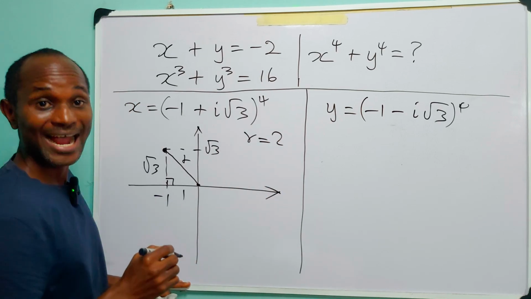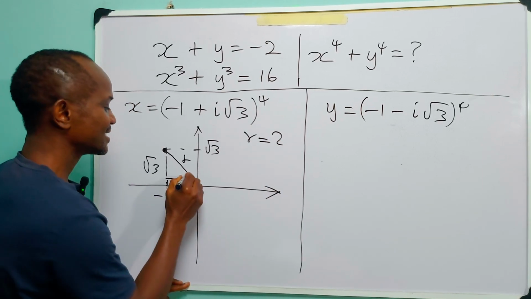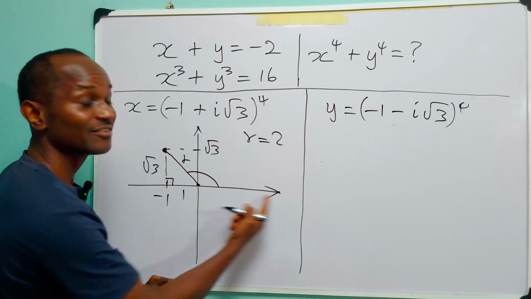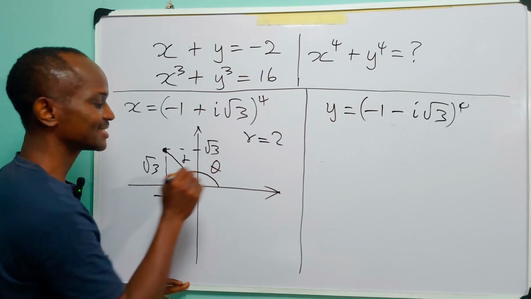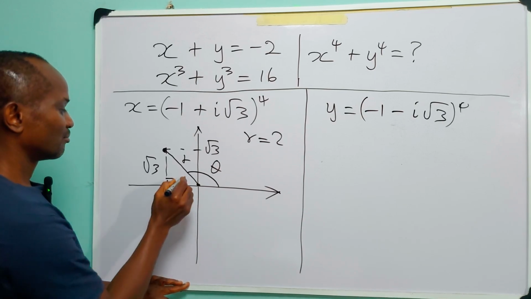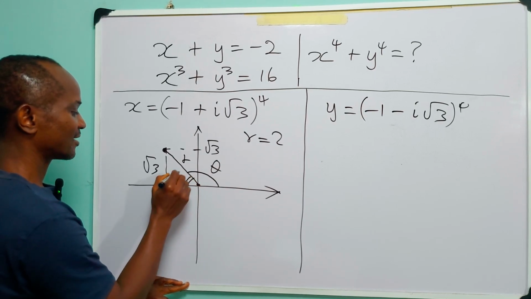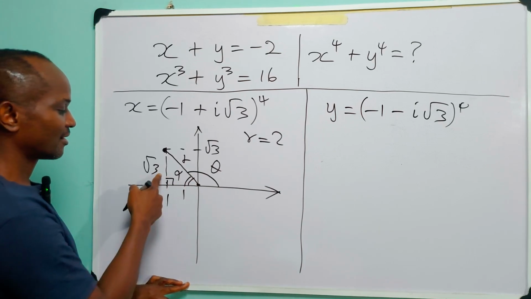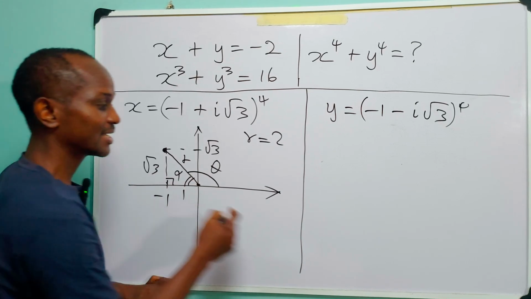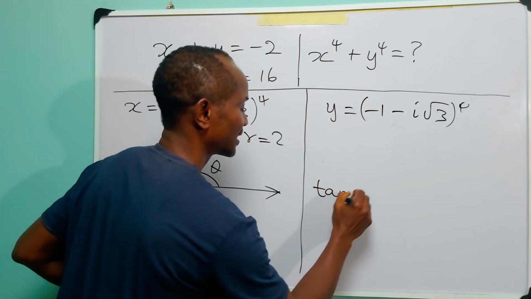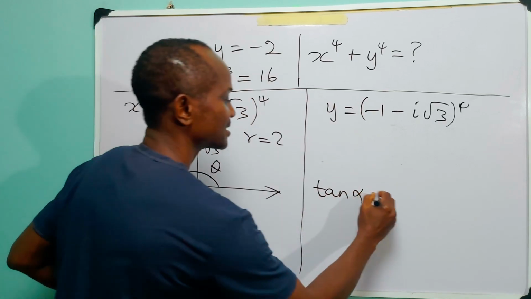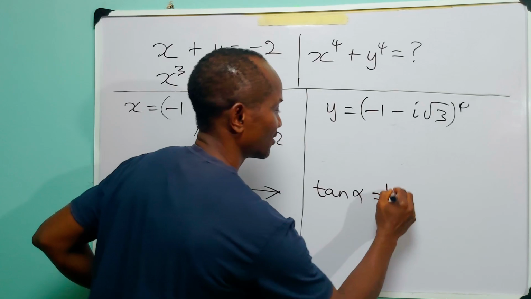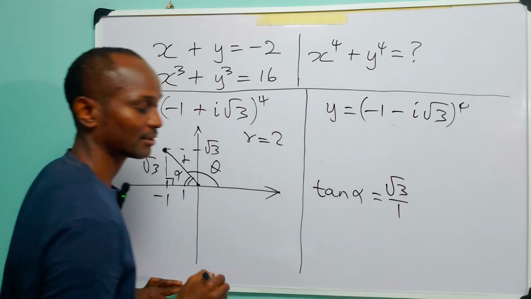Next, we calculate the argument. The argument is the angle that the complex number makes with the positive x-axis. That is this angle. But let us calculate this angle. Let us call it alpha. From the right angle triangle here, we can see that tangent of alpha is equal to opposite over adjacent. That is root 3 over 1.